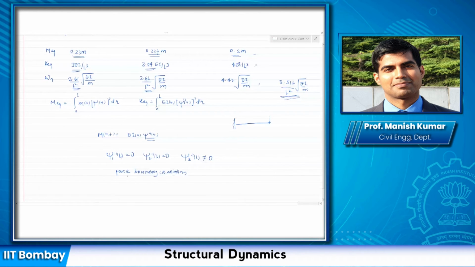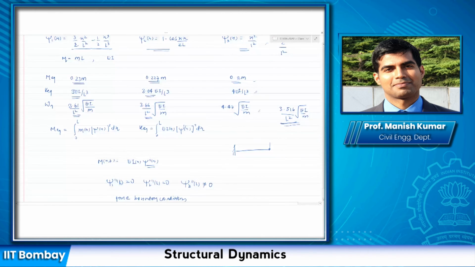Typically, the deformation has to satisfy the displacement as well as the force boundary condition. Depending upon whether some satisfy only the displacement boundary condition or both, they might provide better or more accurate results, like we saw in this case.